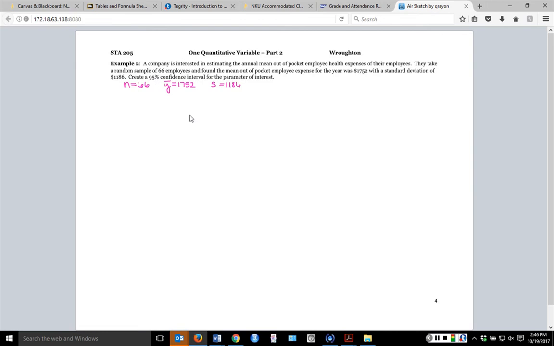Alright, so our first step, now that we're working with a quantitative variable, is to define what mu is in words. So this is going to be our population annual mean out-of-pocket expenses for employees for this company.